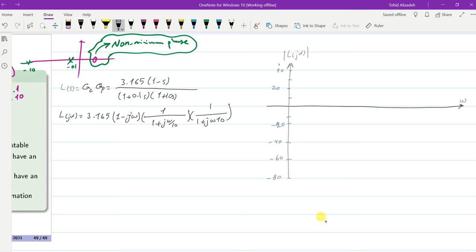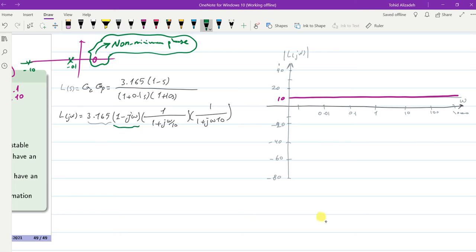And in terms of omega, here we have 1, 10, 100, 1000, 0.1, 0.01, and so on. So for the first component, 3.165, we will have the constant value of 10 decibels. In terms of the phase, I will show you later, but it will be equal to 0 degrees.